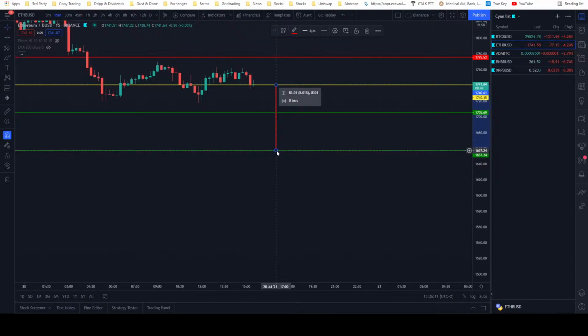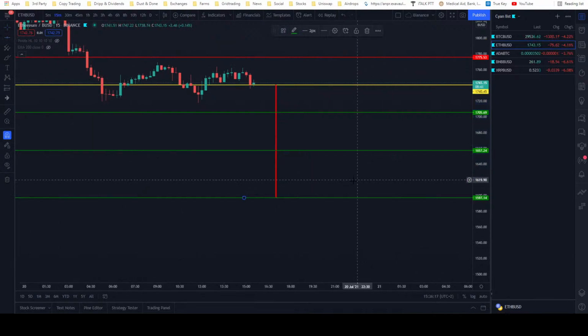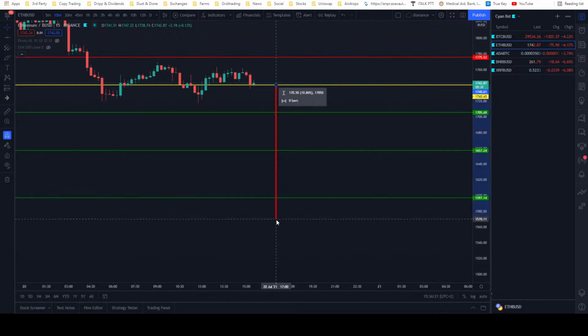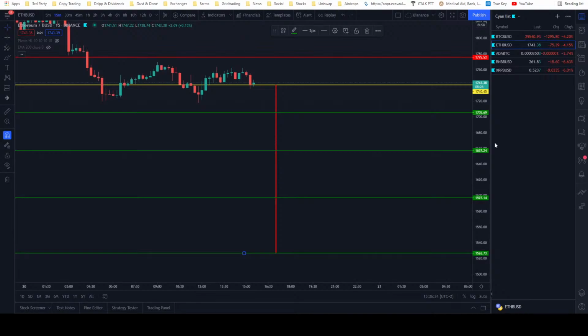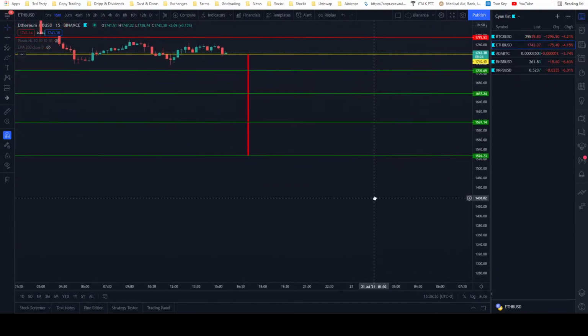And then we're going 9%. $14. Let's see, the next one is up to 20.